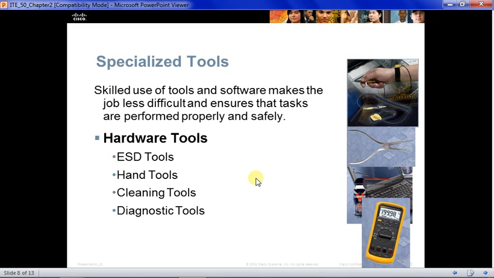So you don't want to use a flathead screwdriver on a Phillips head screw. One is that it doesn't really work properly, and 2, if you are adding extra pressure trying to remove the screw with the wrong tool, you could slip and it could hit you and you could damage yourself. So not only could you damage the screw by stripping it, you could slip and cut yourself. And so just always use the correct tool for the correct procedure.